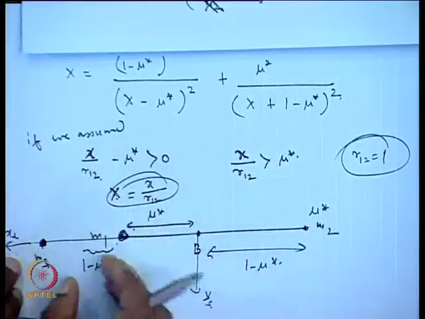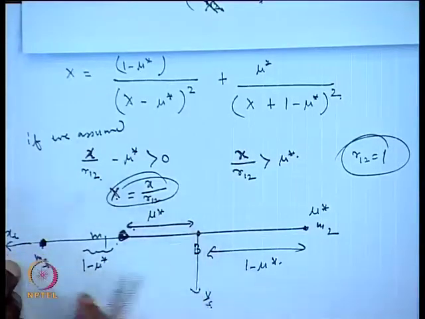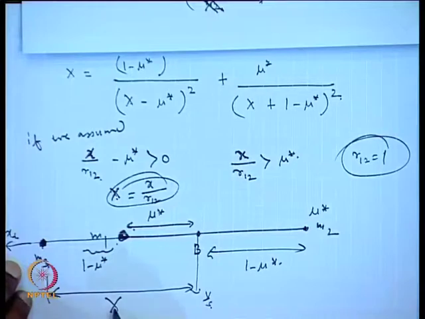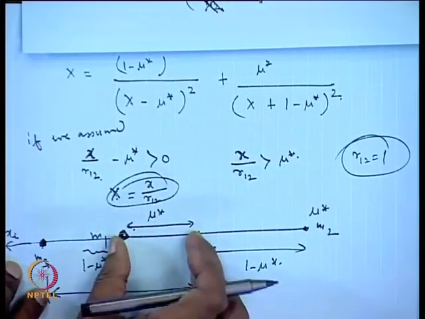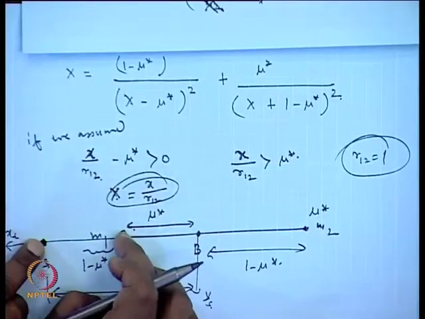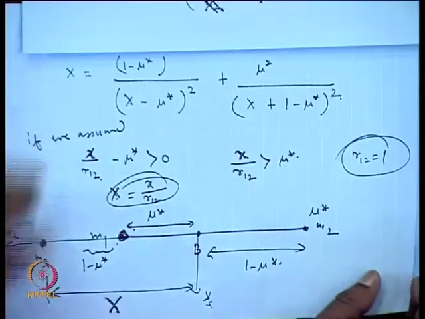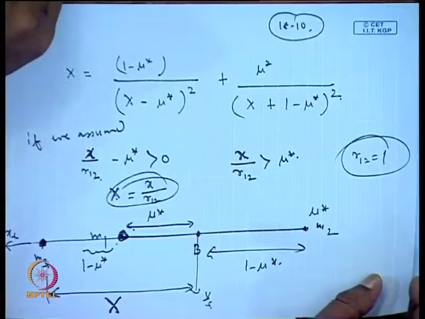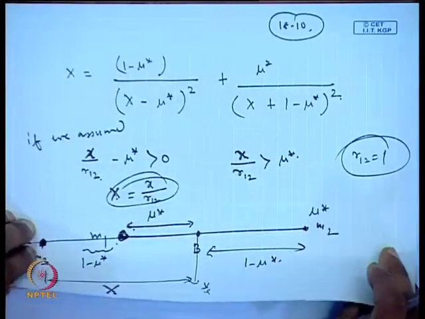So, this is the normalized distance. Now this is the distance from here to here, which appears as capital X. So, this distance minus mu star, obviously this is a positive quantity from here. This is the one equation that we are getting here.